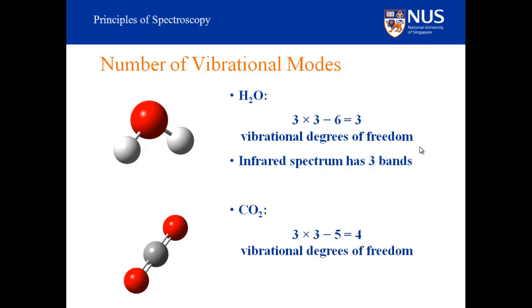For carbon dioxide, we have a linear molecule, and so we expect 3n minus 5 vibrations. This means that carbon dioxide has 4 vibrational degrees of freedom. However, the infrared spectrum for carbon dioxide shows only 2 bands. I will explain this shortly.